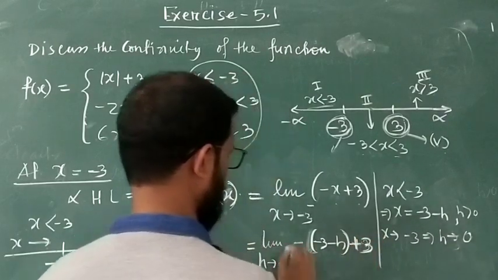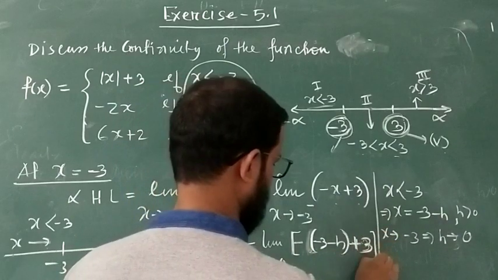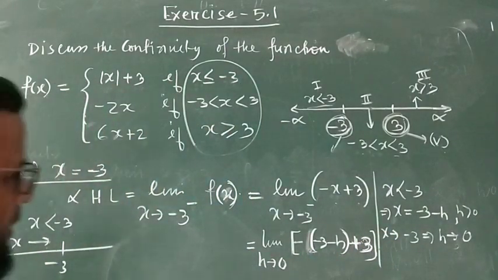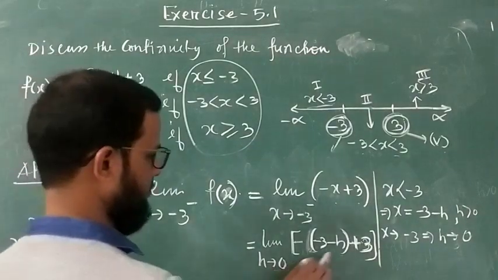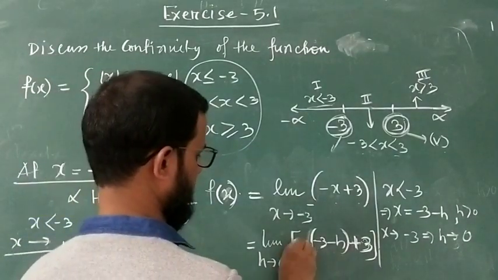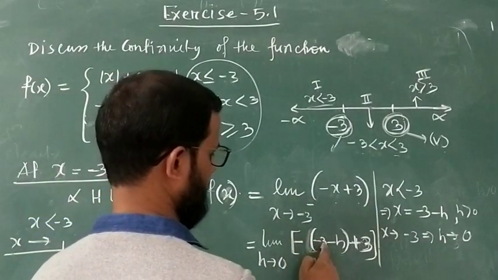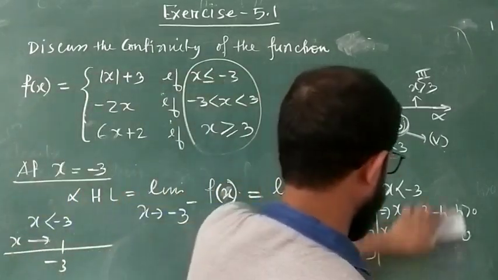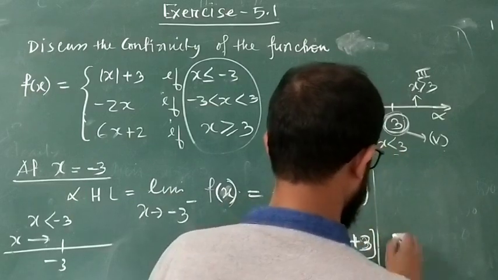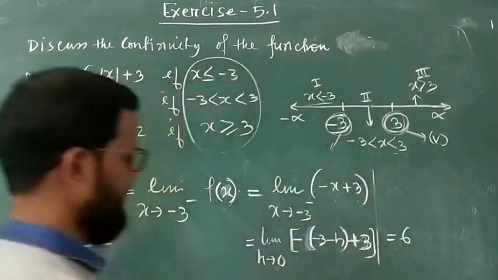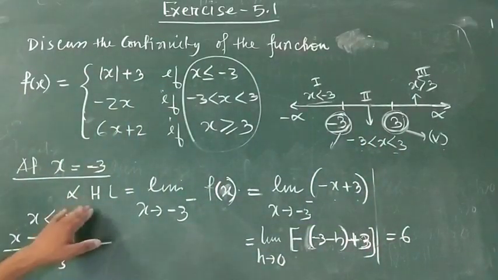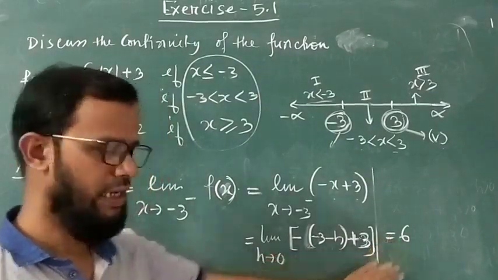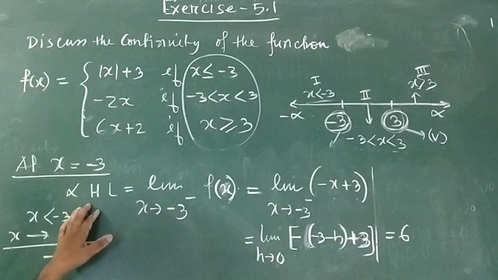Give a bracket here. Finally you get the result by putting h equal to 0: minus becomes plus, plus 3, and ultimately the value is 6. So the left hand limit is equal to 6, which is a finite and fixed quantity, and therefore we can say that the left hand limit exists.